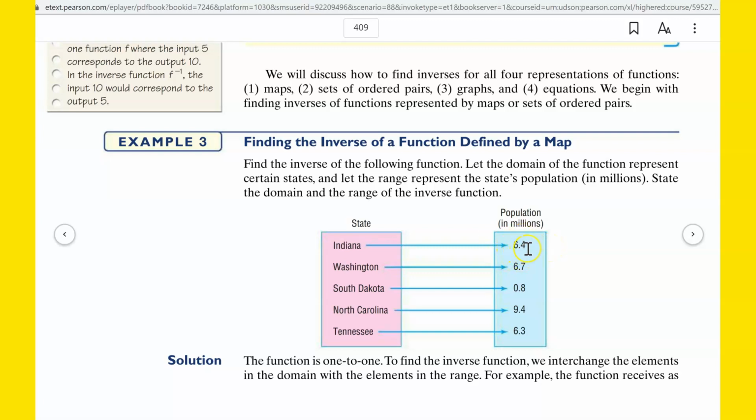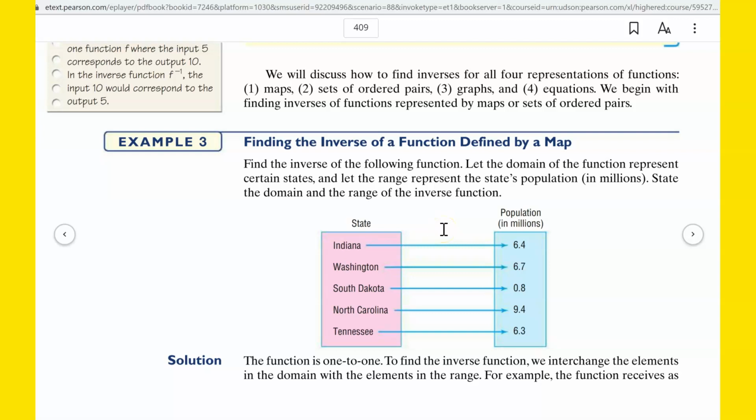In that case, 6.4 million would be the input of that question, and the answer, or you could say the output, would be Indiana. So the inverse of this function would simply be where these numbers would have arrows pointing back to these states. It's pretty simple.